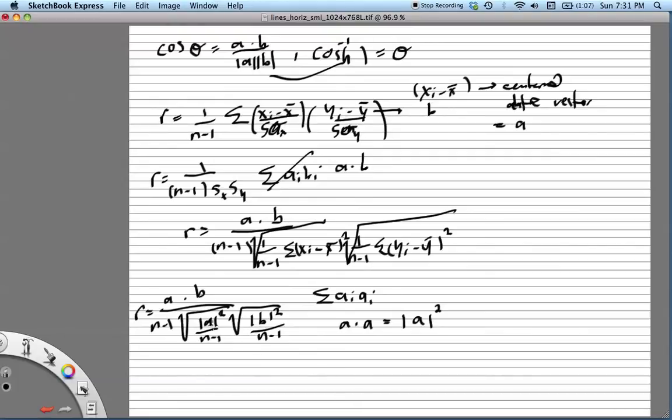Well, clearly these guys want to pop out of the square root. So this is just the denominator here. We get n minus 1 times the magnitude of A times the magnitude of B, over the square root of n minus 1 times the square root of n minus 1.